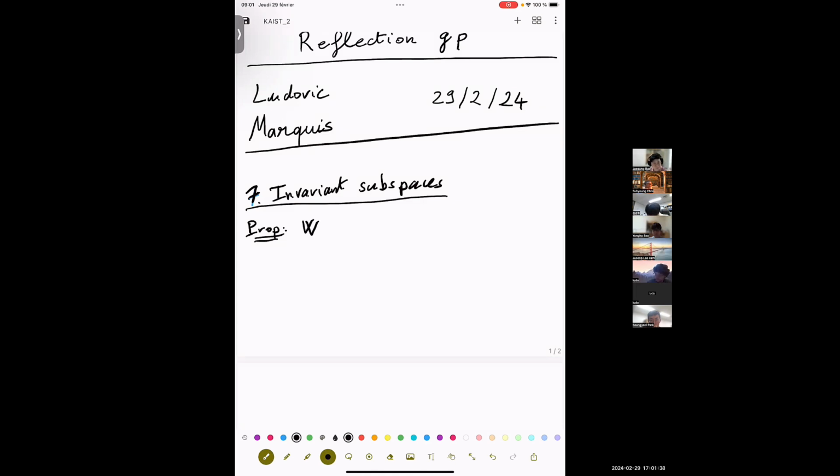So let me state the theorem. You take W, an irreducible Coxeter group, and you take rho, a representation of W into GL(V), which is a representation as a reflection group. In fact, you can put fewer hypotheses for the same statement, but let's keep things simple.